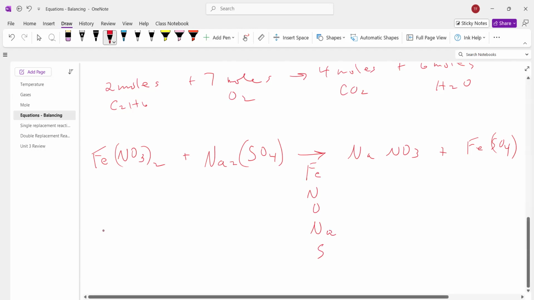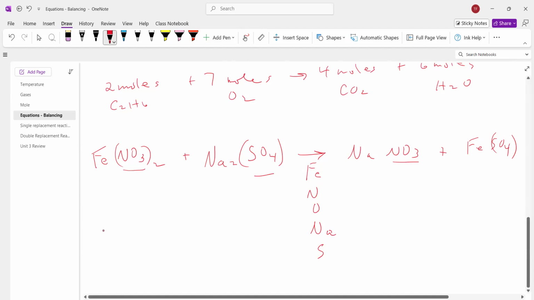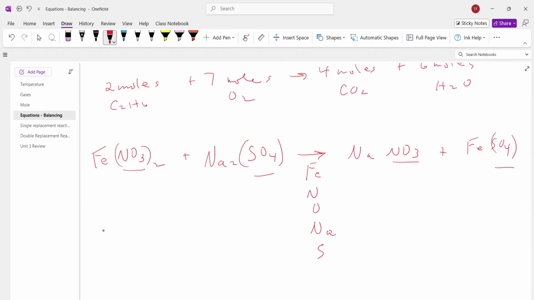Okay, the other way to look at this problem is, notice we have a nitrate here and a nitrate there. If that's the case, it'll save you time. Also notice we have a SO4 and an SO4. More time savings.